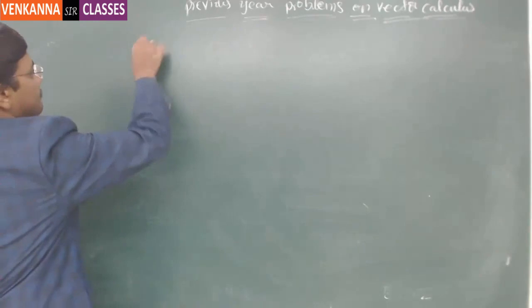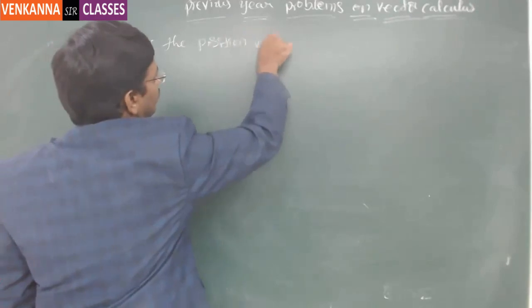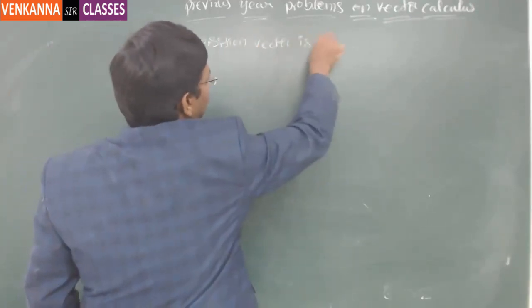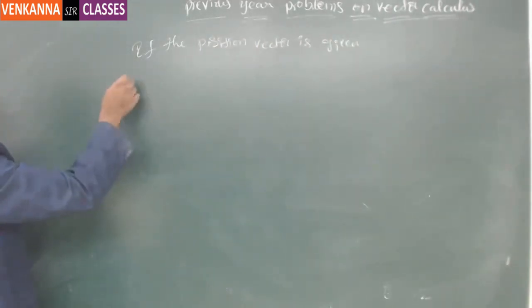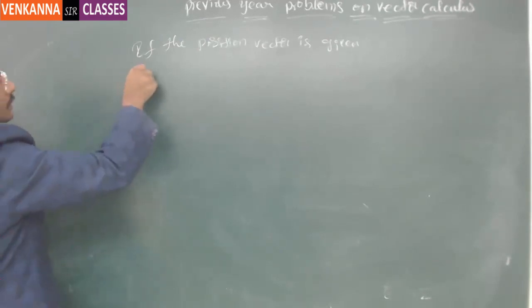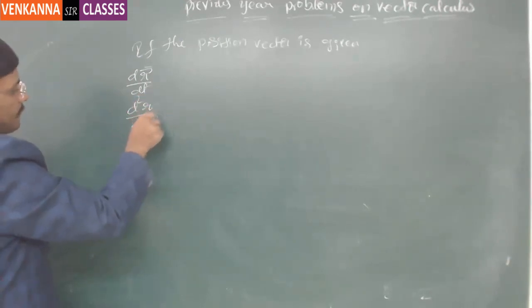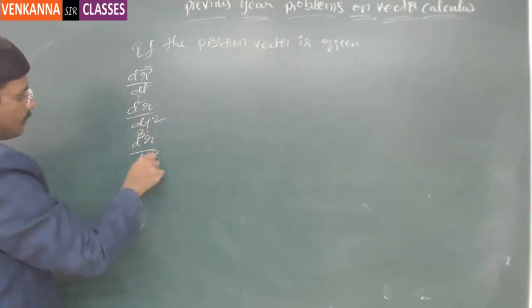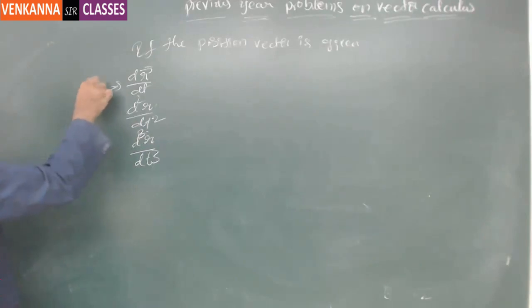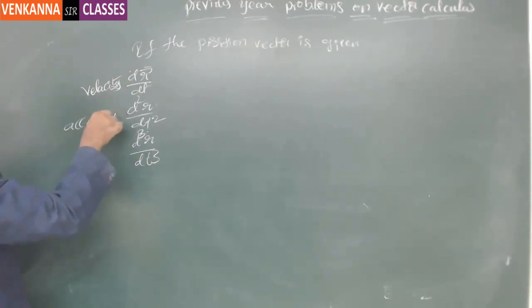If the position vector is given, which is usually the only information we get, then based on it we find the velocity vector, that is dr by dt, d square r by dt square and d cube r by dt cube. This is the velocity, this is the acceleration and this is the derivative of the acceleration.